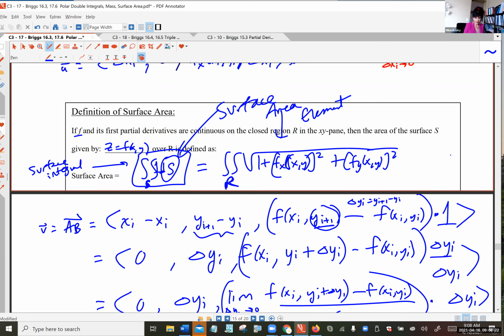Now, sometimes it's such an ugly radical that it might not even be integrable, because sometimes radicals can be pretty bad. But if it is, then you should be able to find a surface area. And that's pretty gross.